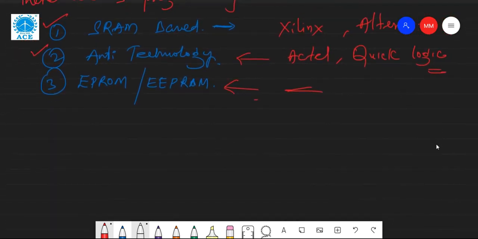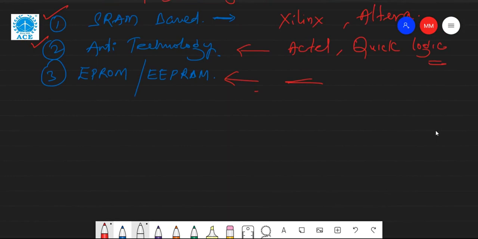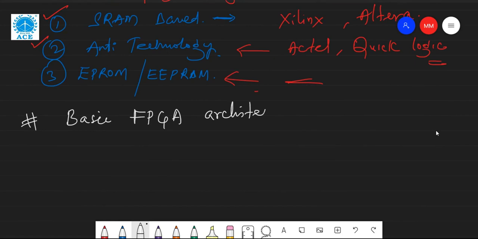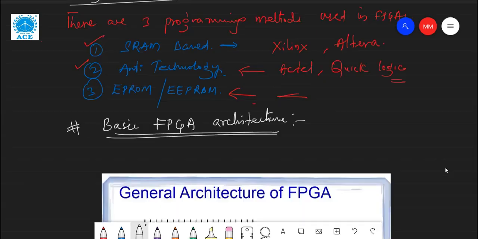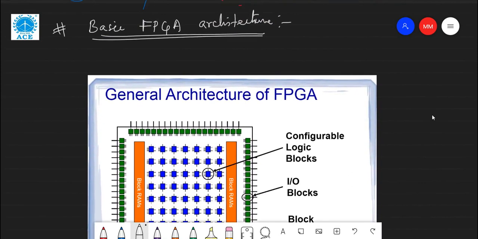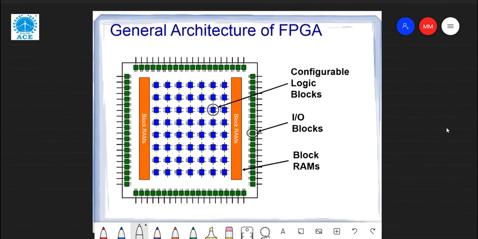Before going to this, I will look into the basic architecture of FPGA.